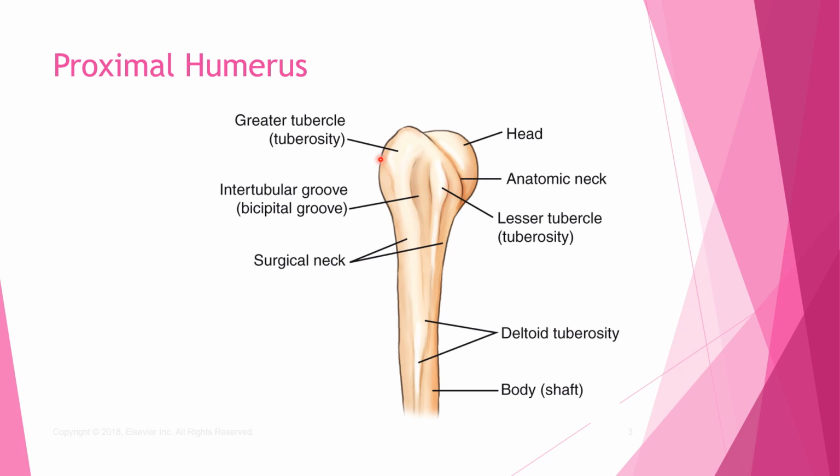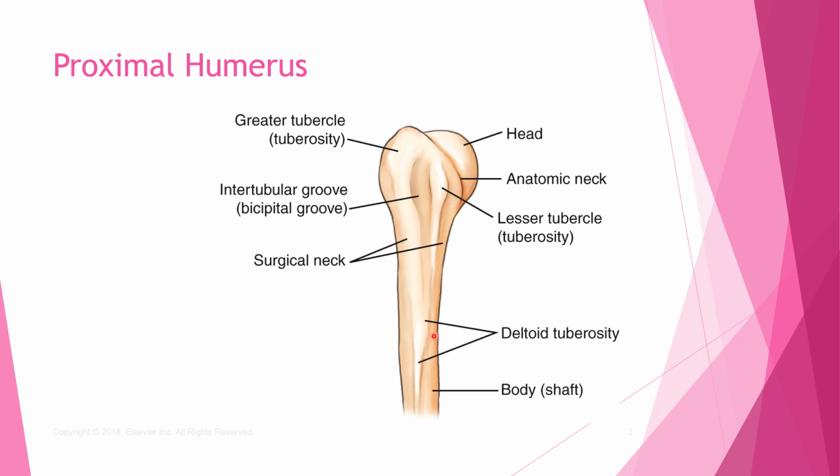And in between the greater and lesser tuberosity or tubercle, we have the intertubercular groove or bicipital groove. Okay, so humeral head, greater tubercle, lesser tubercle, intertubercular groove or bicipital groove, surgical neck, anatomic neck up here.